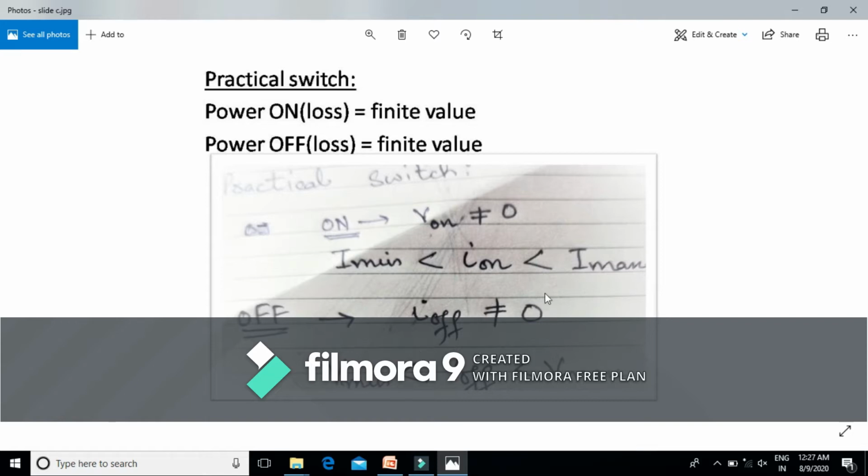While in case of ideal case, the current across the switch during off period is zero, but here the current I off is not equal to zero in the practical case. Or we can say that both during the on of practical switch or off of practical switch, we have some power losses, and that power on loss or power off loss is equal to some finite value.